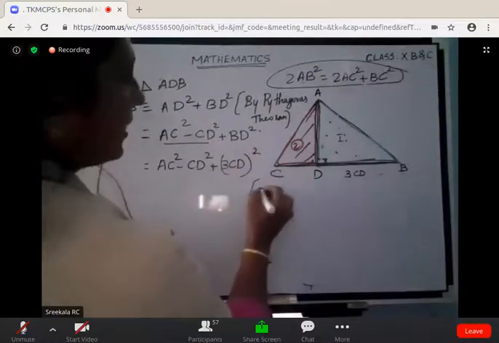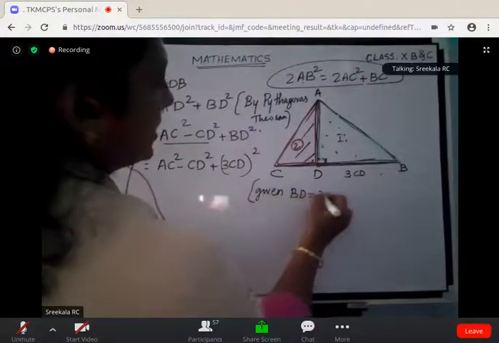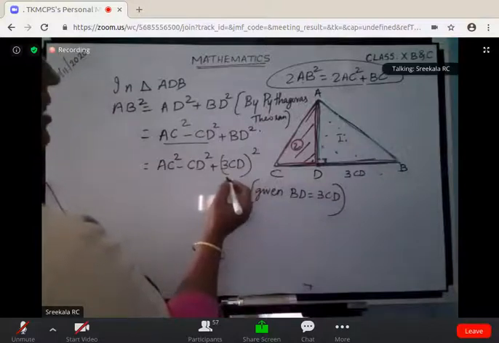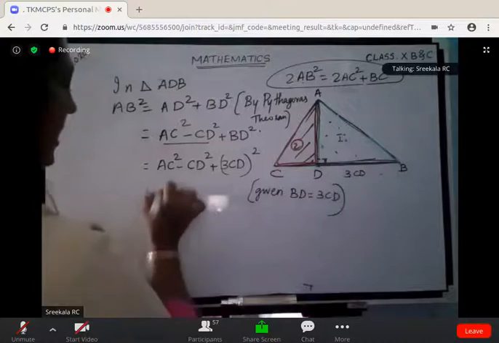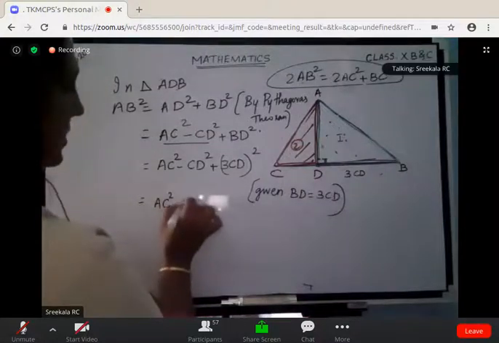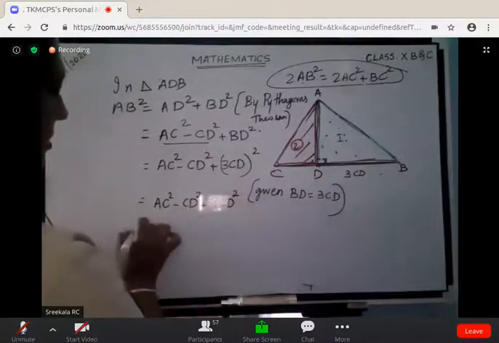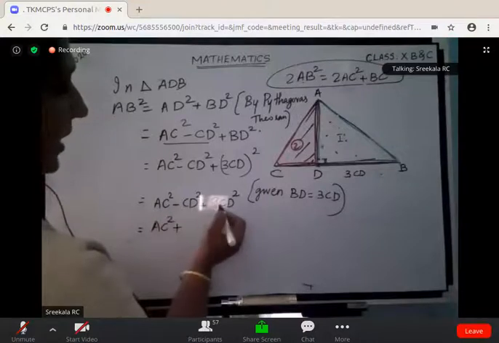The bracket you have to write, given that BD equal to 3CD. So instead of BD, we can substitute 3CD. We want to combine this. That's why here AC square minus CD square plus 9CD square. So when we combine these two, this becomes minus 1 CD square plus 9 CD square, that is 8 CD square.